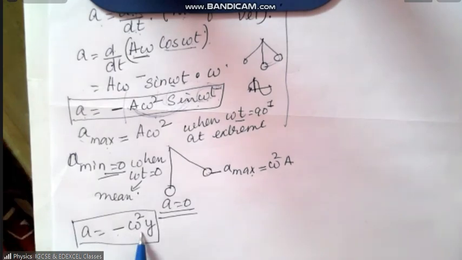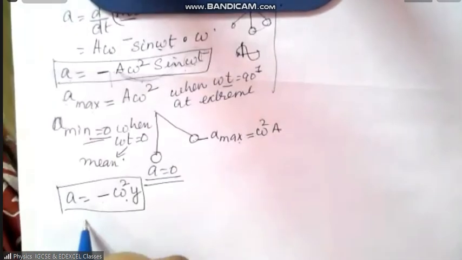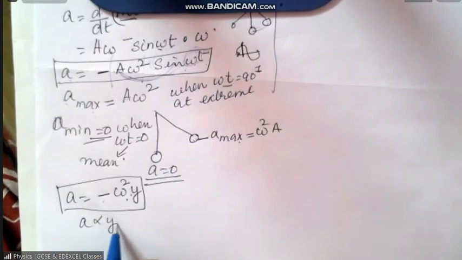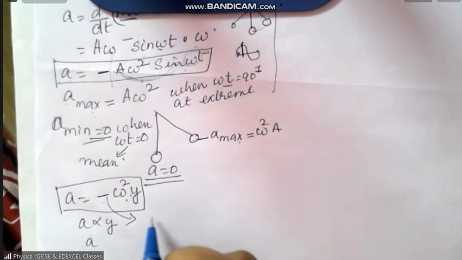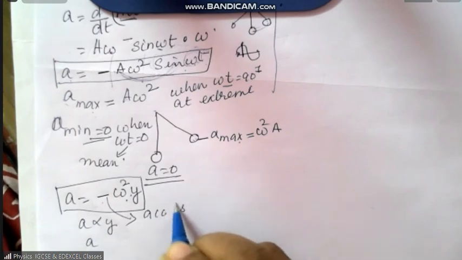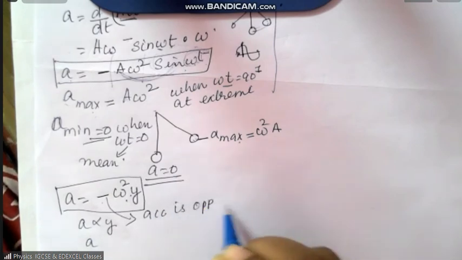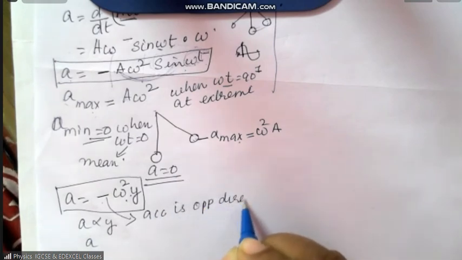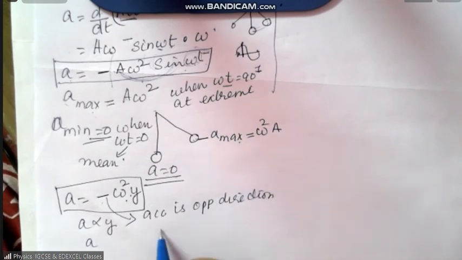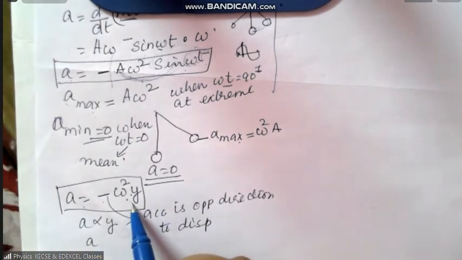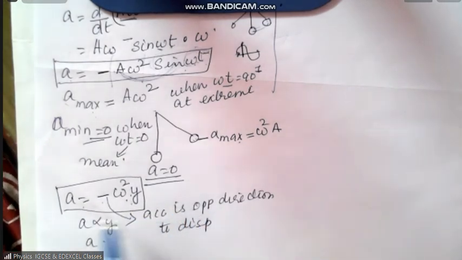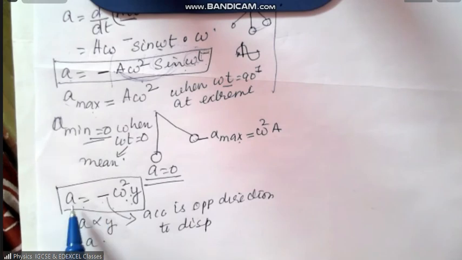So what does this tell you? This tells you that acceleration is proportional to y, and this negative sign shows that acceleration is opposite in direction to displacement.